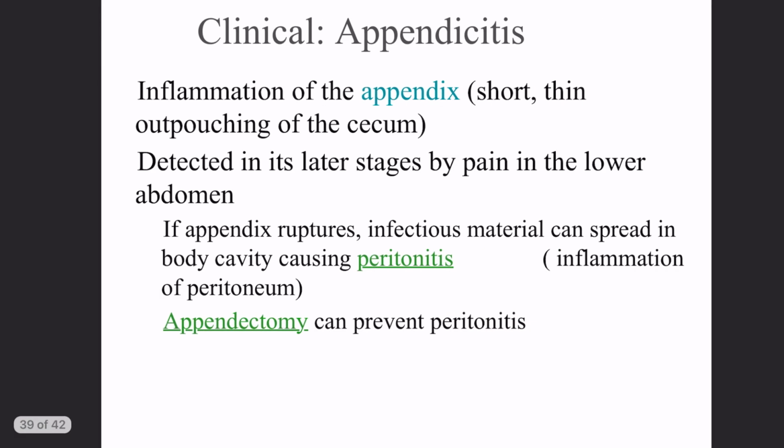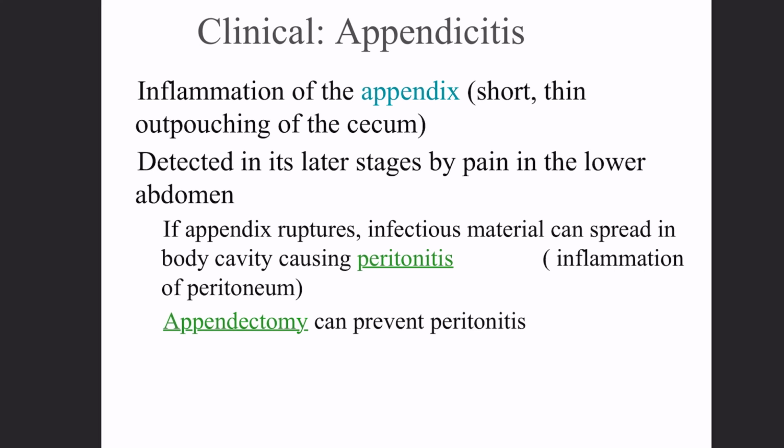And so some individuals have infection of that appendix where maybe it gets infected or inflamed. And this can be detected because it just gives sharp pain in your lower abdomen.